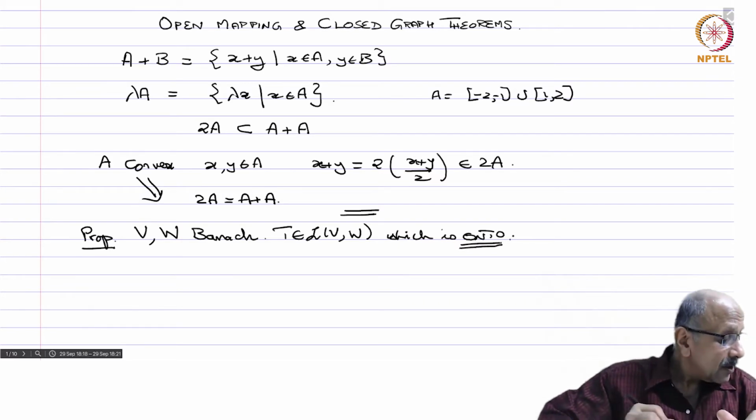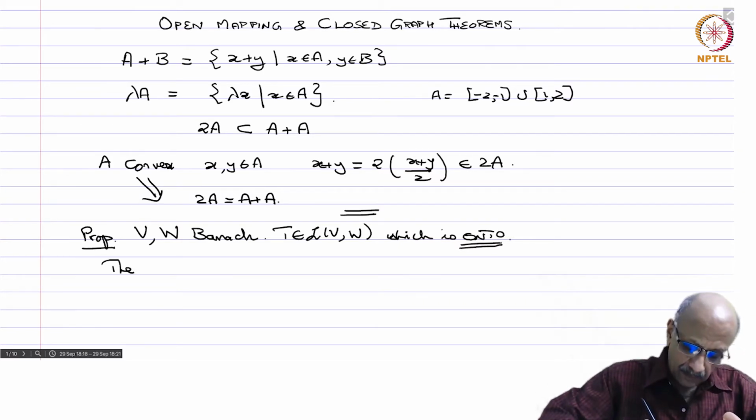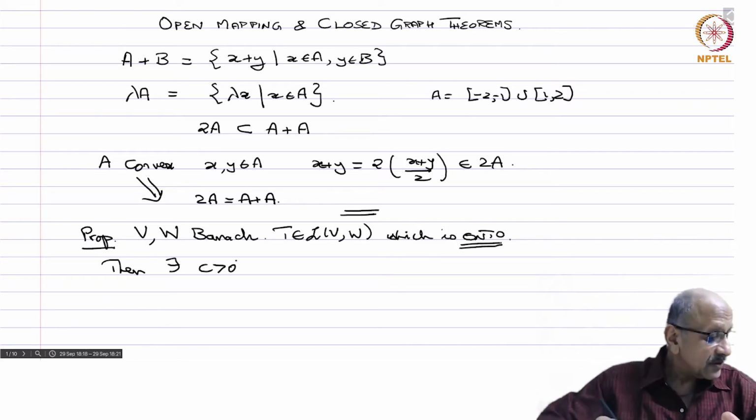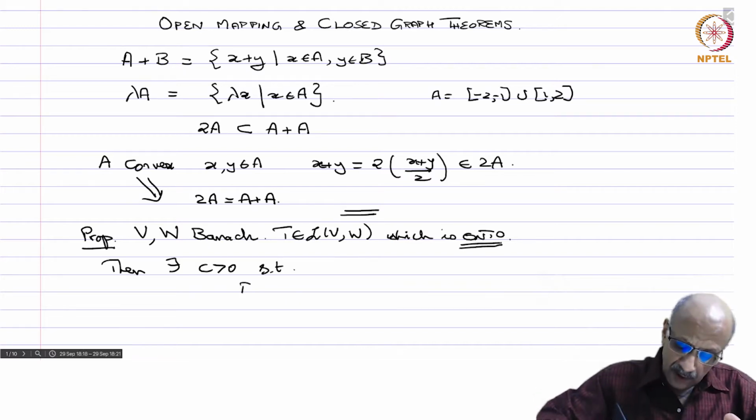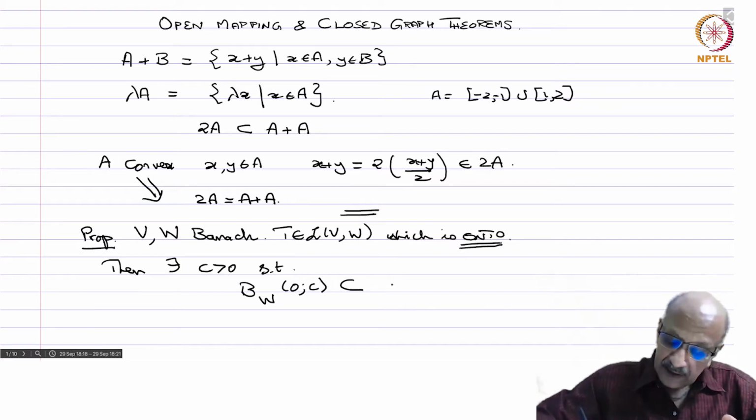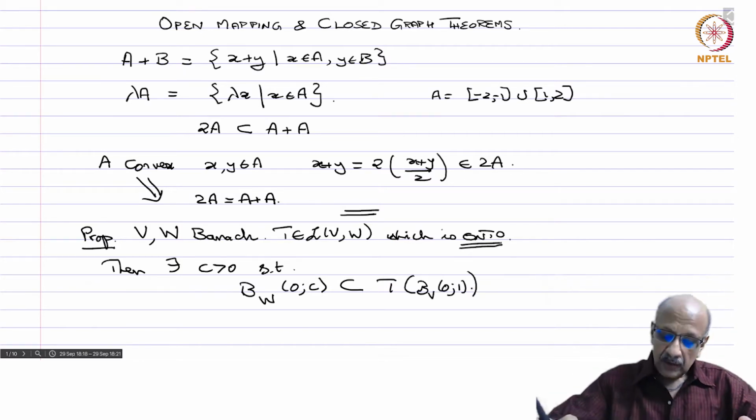Then there exists a C positive such that the ball in W, center 0, radius C, is contained in the image of the ball in V, center 0, radius 1. So what does this say?